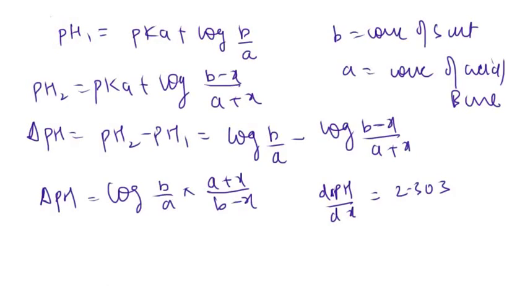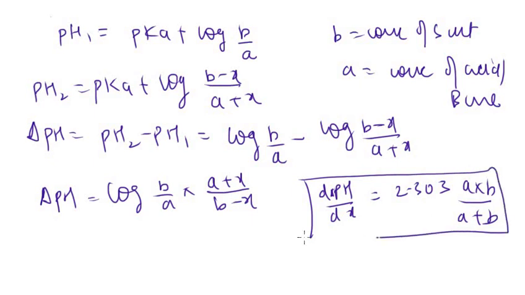Now let's say we have pH 1 where we haven't added any amount of acid or base. The formula for the buffer capacity is 2.303 A into B divided by A plus B.